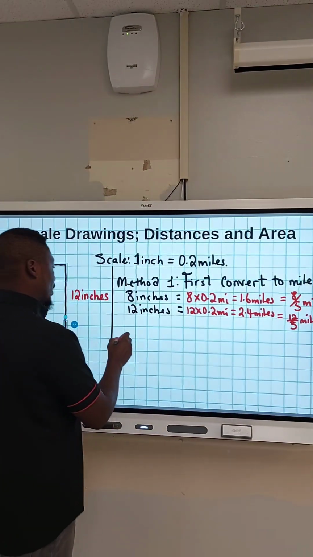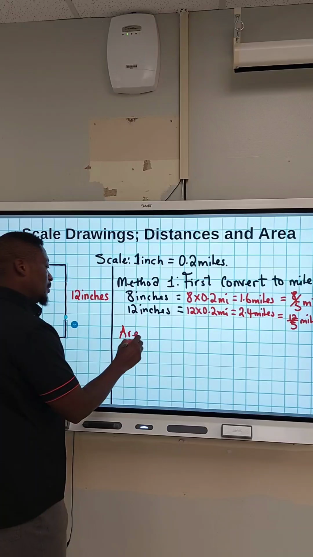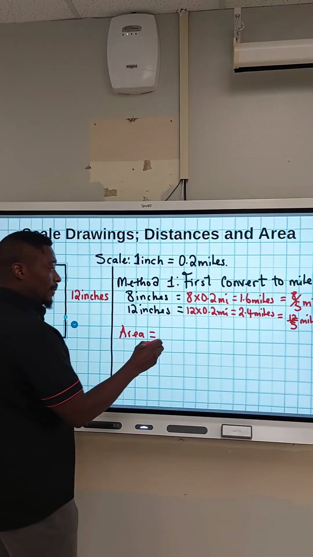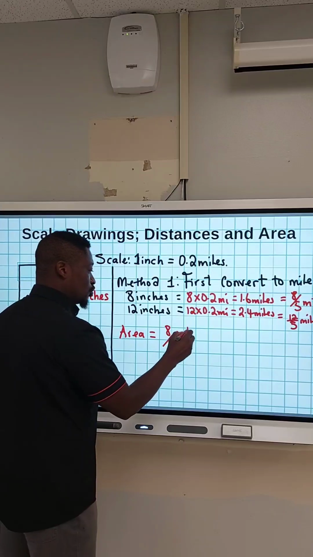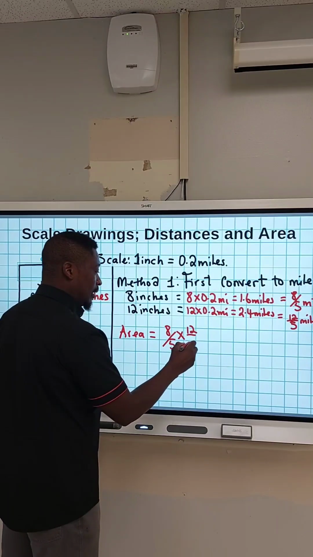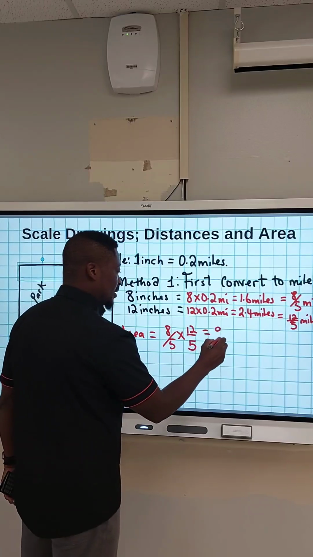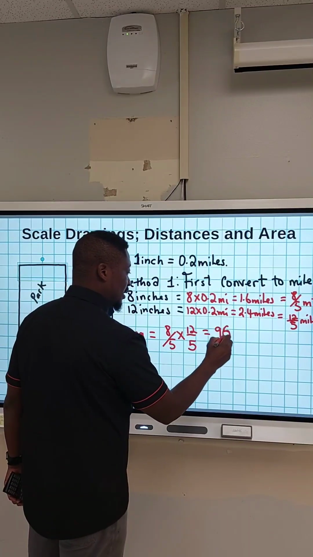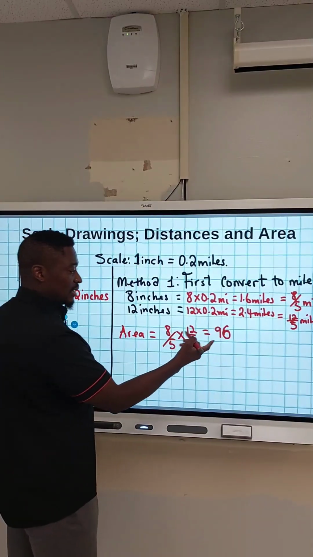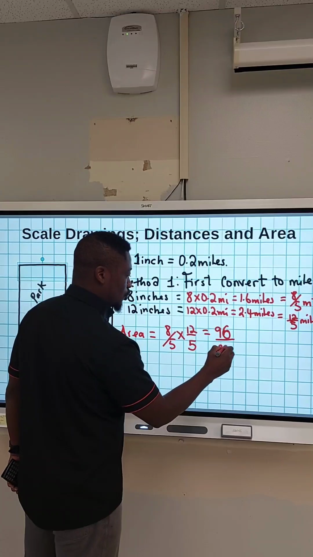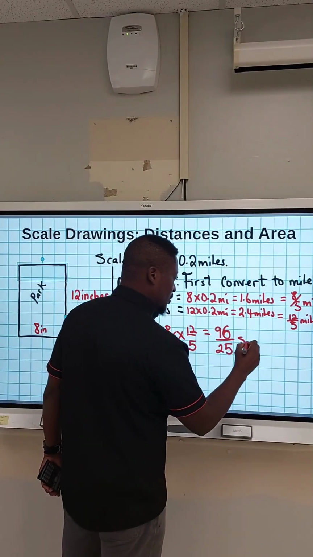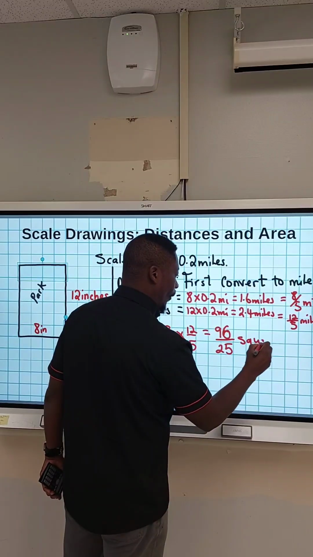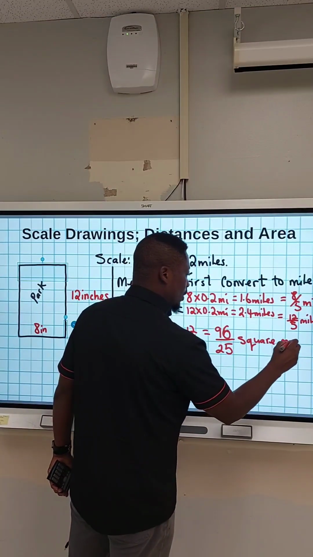Okay, so the area of the park will be 8/5 times 12/5. And this will be 96/25, okay, square miles.